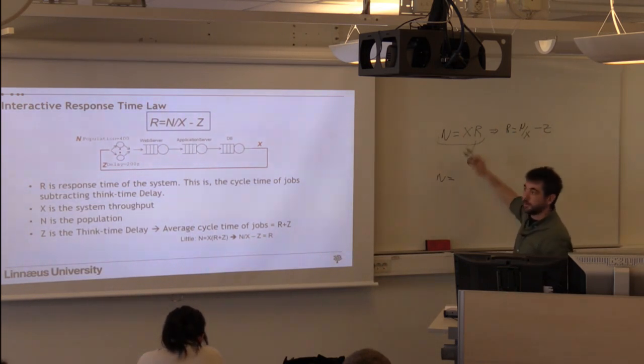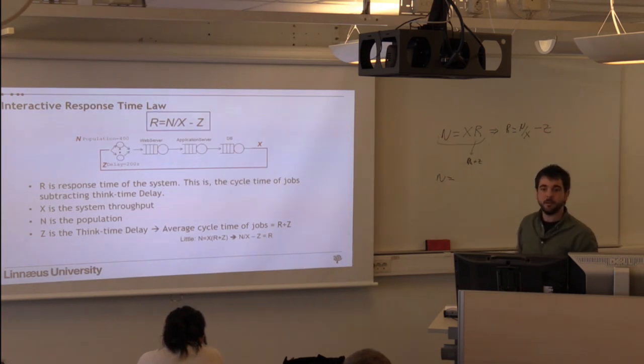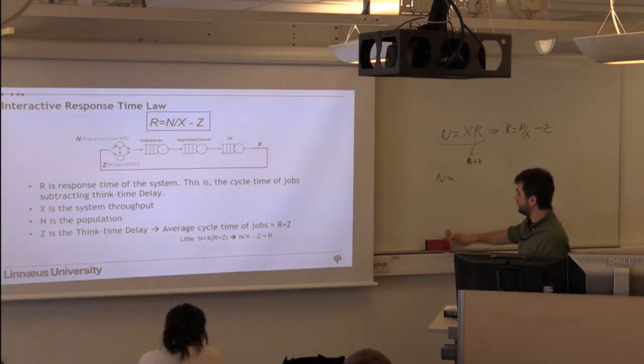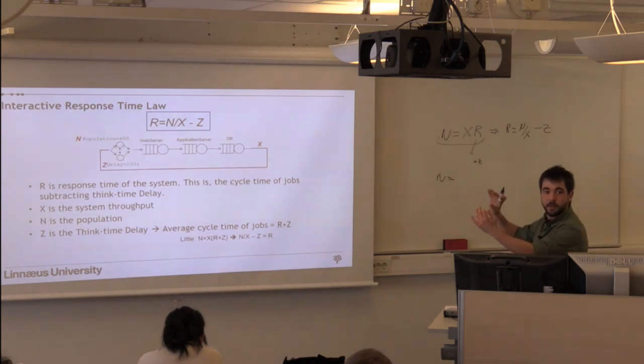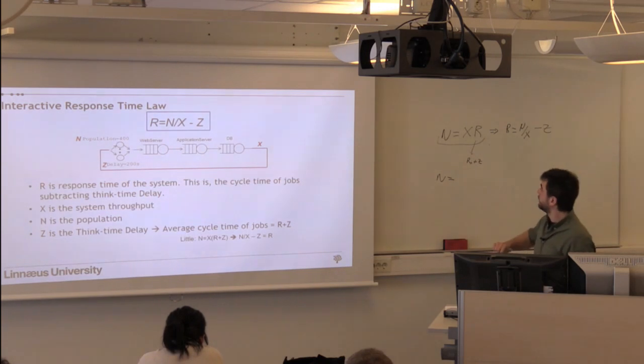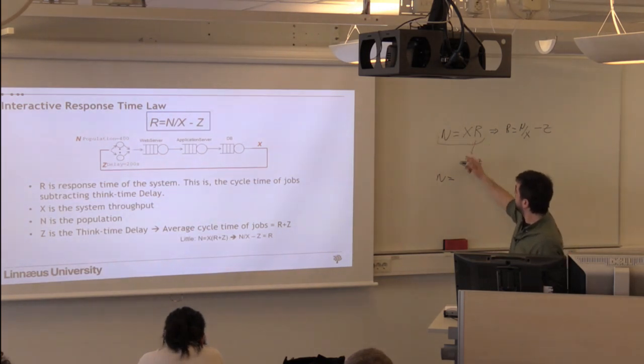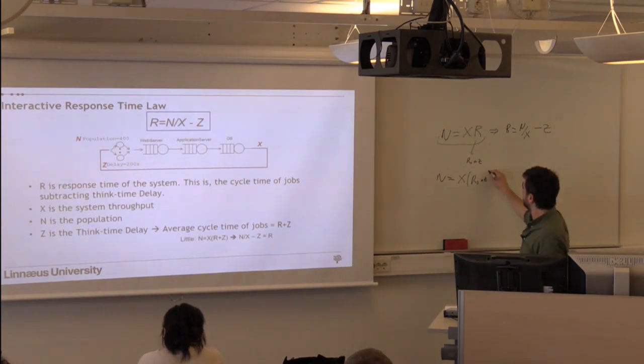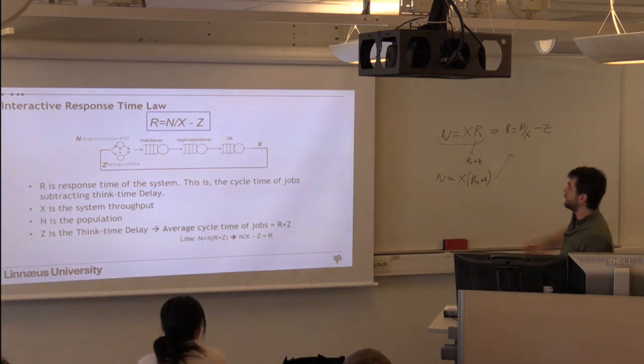This is the R of Little's law for the residence time in all the system, and this R is our response time, the R in which we are interested. So only the part of the system. So we could say that then the number of users is equal to the throughput multiplied by this R plus Z. And so we derive the same.